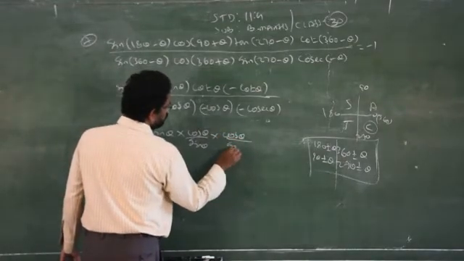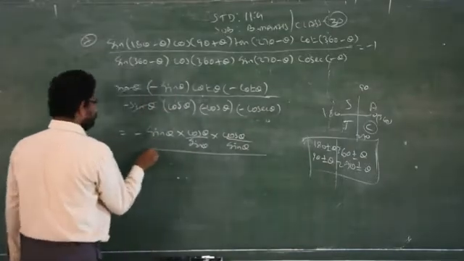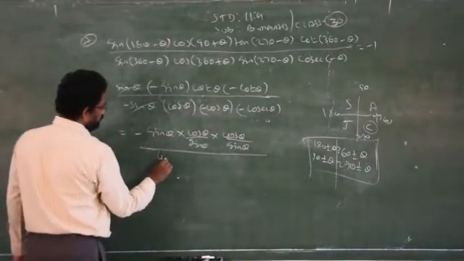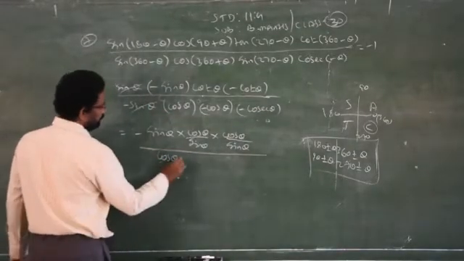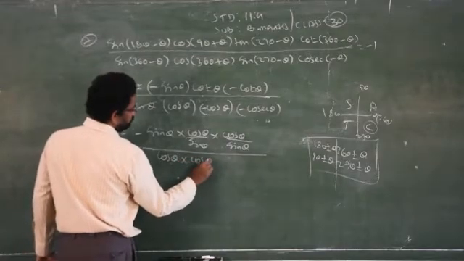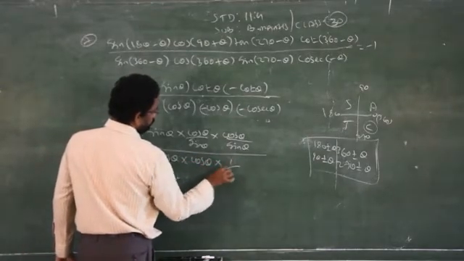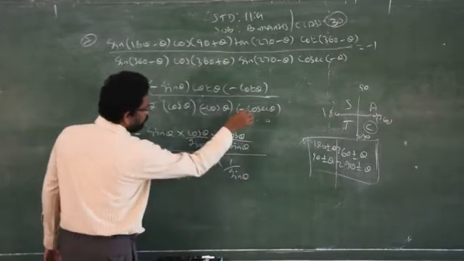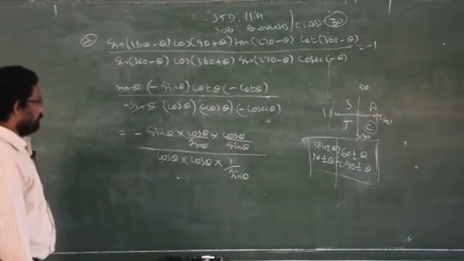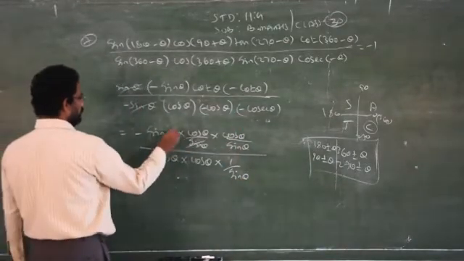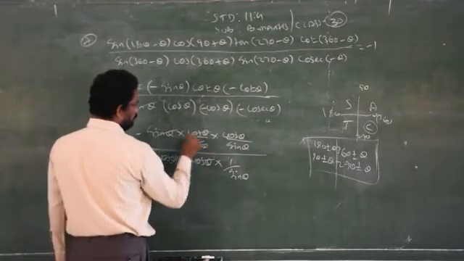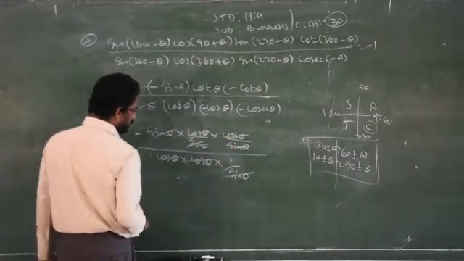Cos by sin over cos theta into cosecant theta. Cosecant theta is nothing but 1 by sin theta. Sin gets cancelled. These two cos get eliminated. This sin and sin get cancelled.